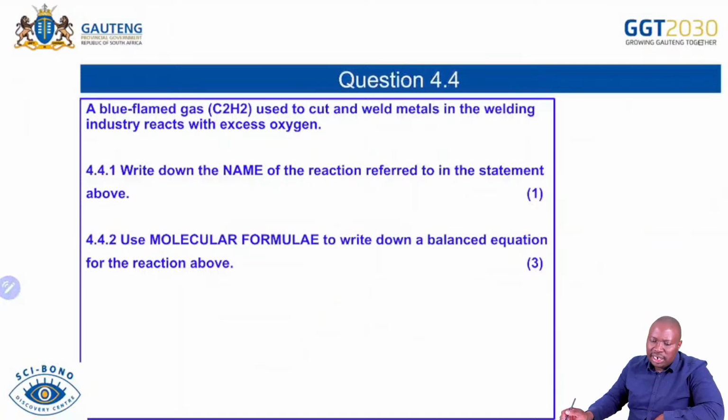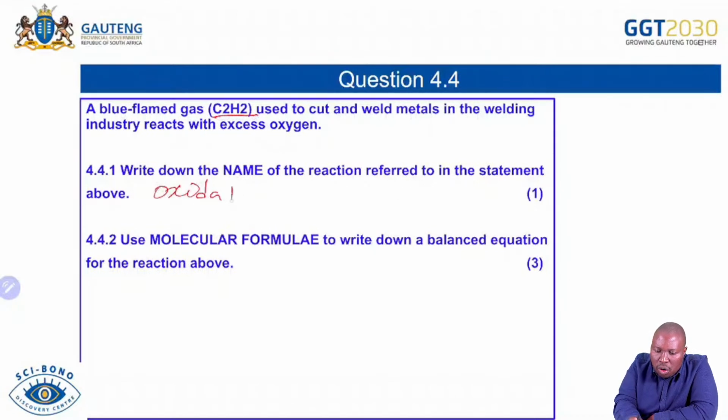So in this case, write down the name of the reaction referred to in the above statement. The reaction of a hydrocarbon with excess oxygen, we are saying this type of reaction will be referred to as oxidation or combustion. Use molecular formula to write down a balanced equation.